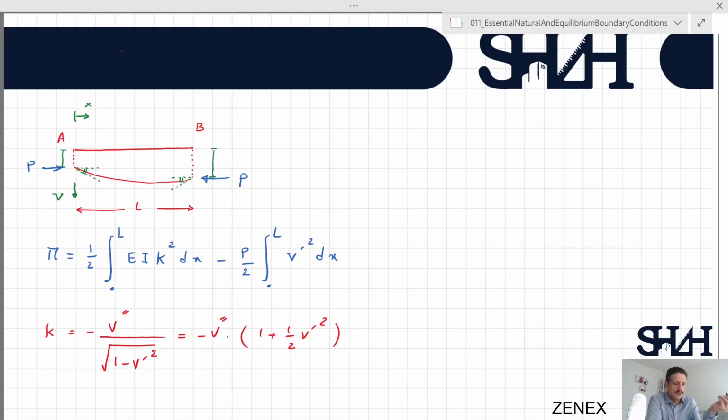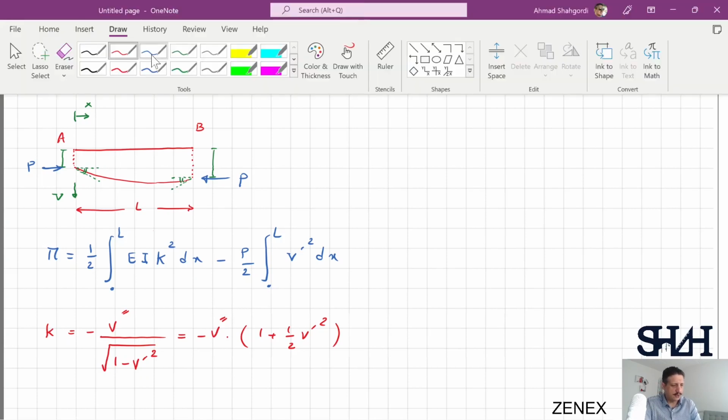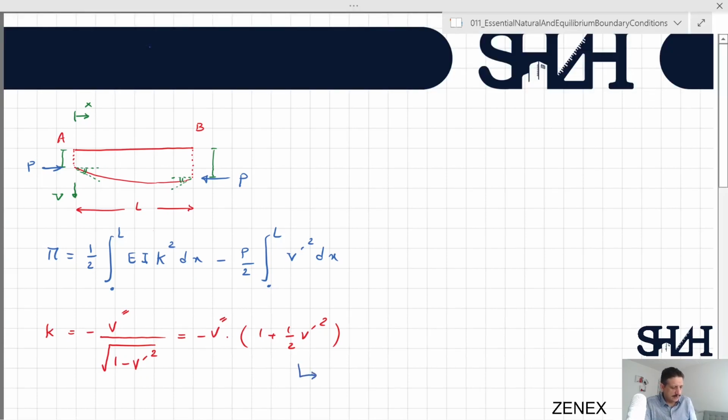This is useful when we are looking for the post-buckling analysis, but when we are looking for the bifurcation point, we can assume that V prime approaches 0 because the rotation of the element is very small. As a result, V prime to the power of 2 will be very close to 0, and then kappa is almost the second derivative of V.